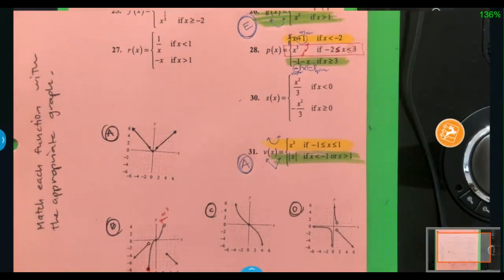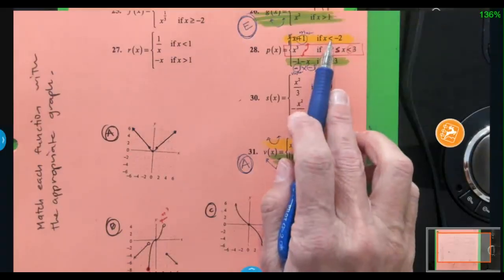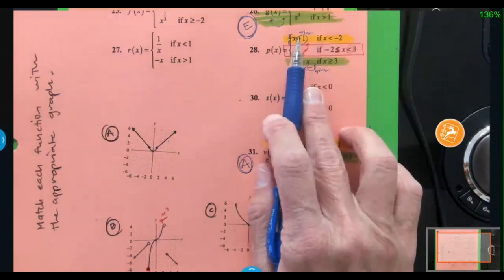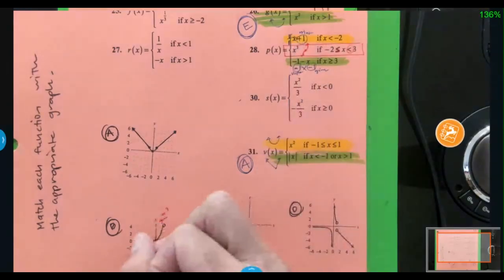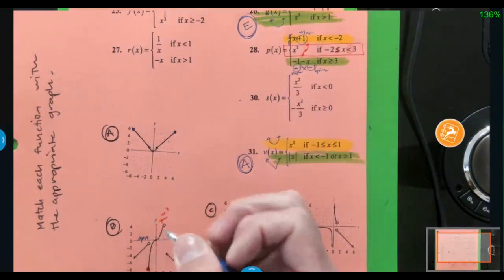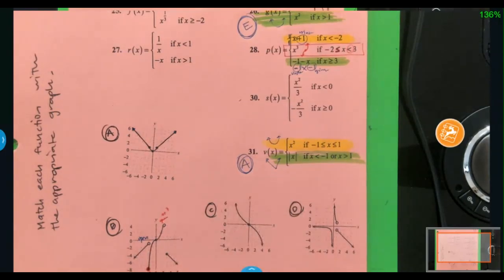Now, one thing that's important to note is what kind of circle should have been at -2 for this particular part of the graph? Open. See how this has an open circle right here? What do you think you're going to do after we do this matching activity? No, not yet. Do our question.